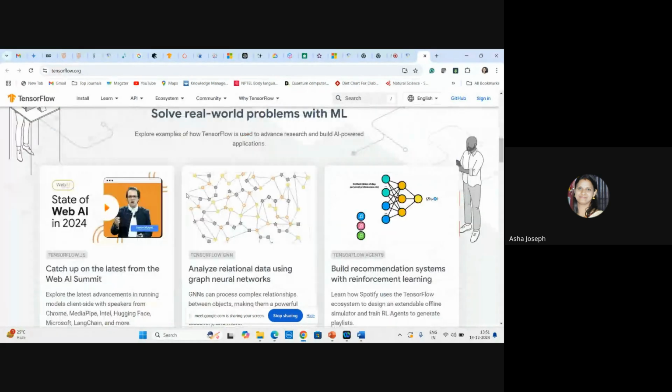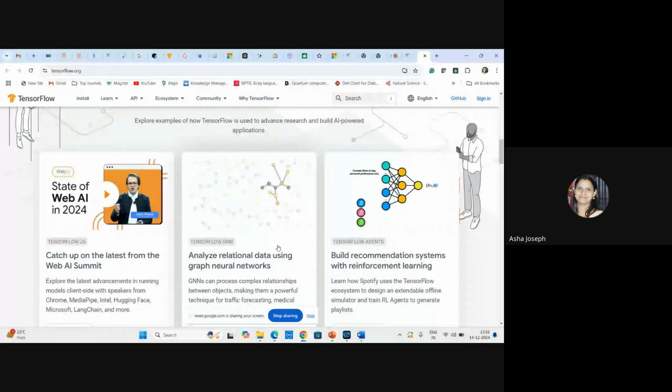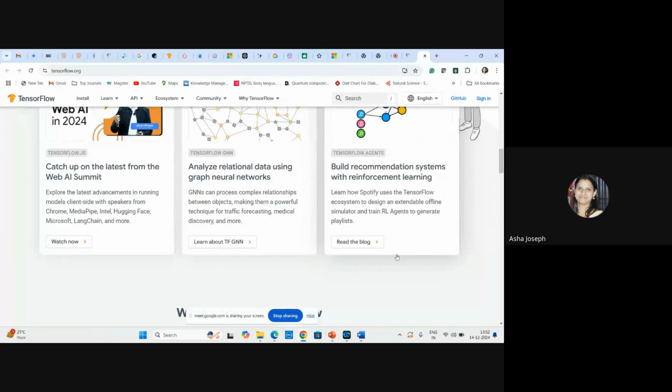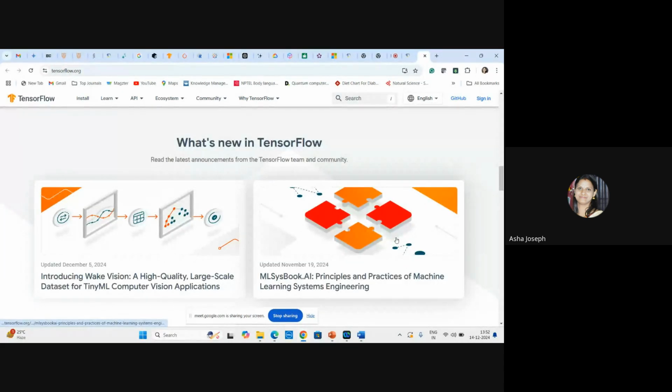Here again, you can see the state of web AI in 2024. You will be learning about GNNs, and you can see what's new in TensorFlow.